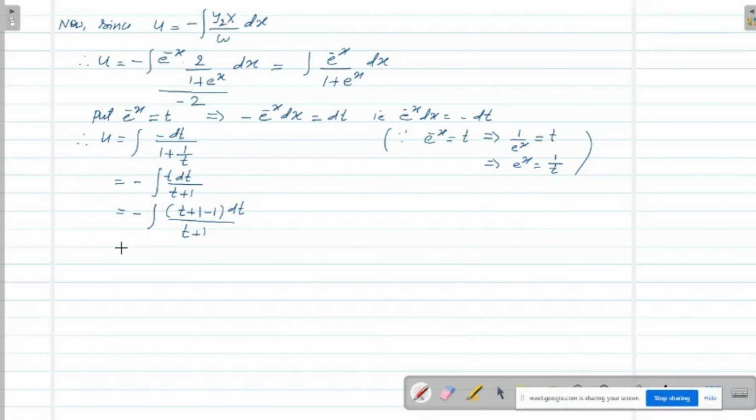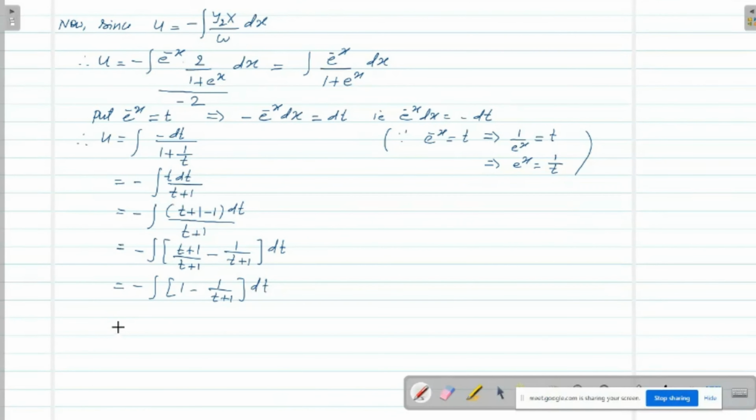Now separate it: t plus 1 by t plus 1, and minus 1 upon t plus 1, dt. The t plus 1 and t plus 1 cancel, so this becomes negative integration of 1 minus 1 upon t plus 1, dt.